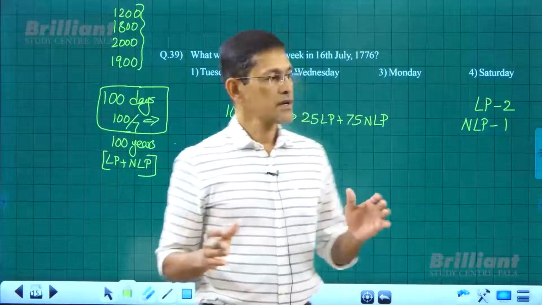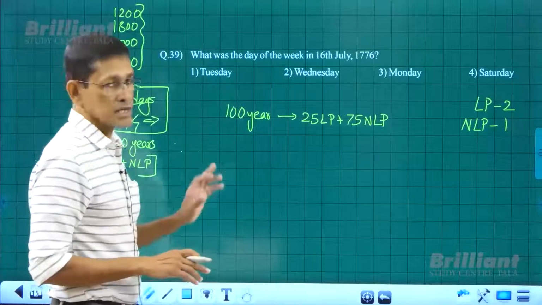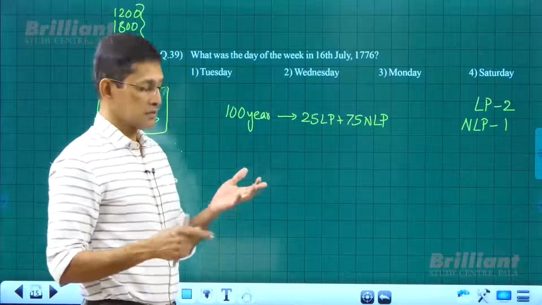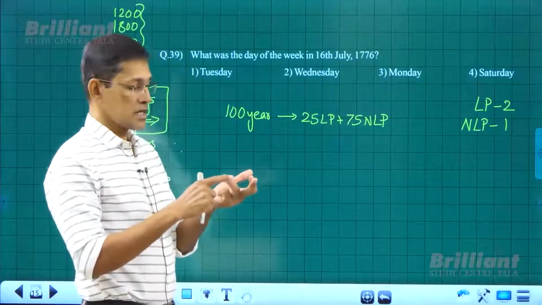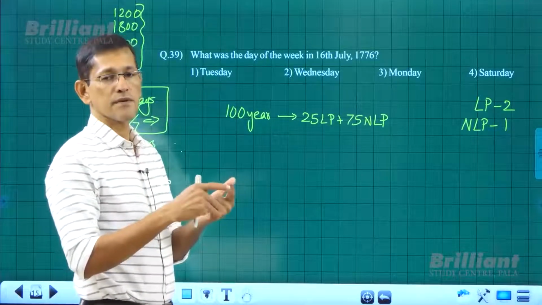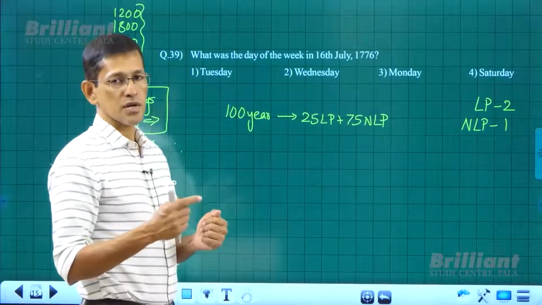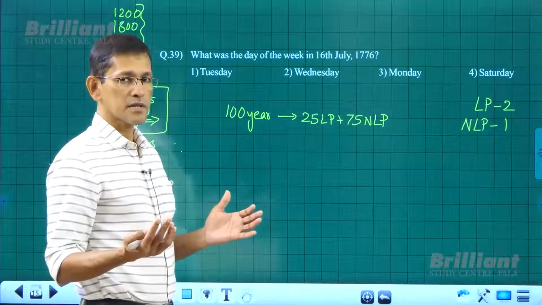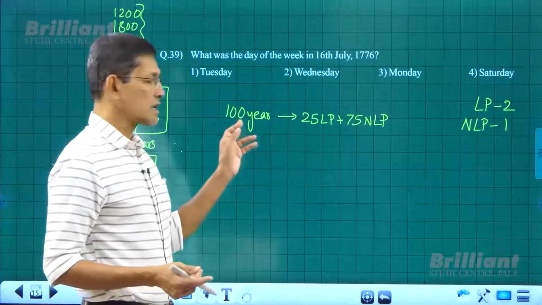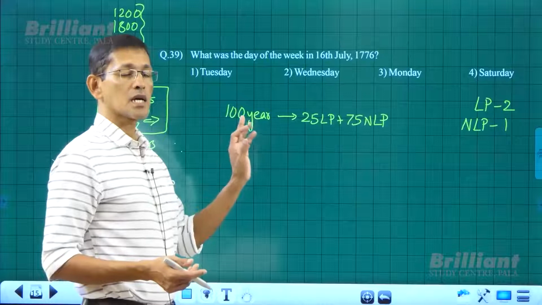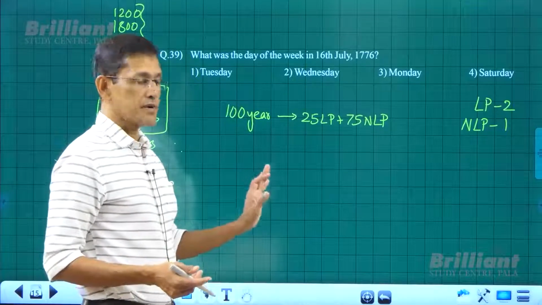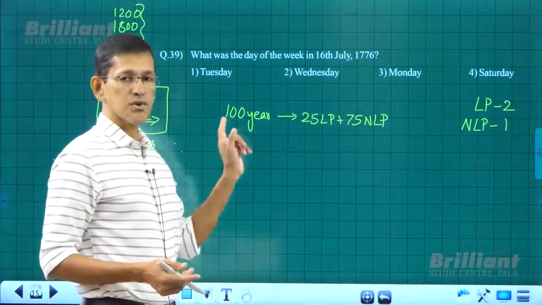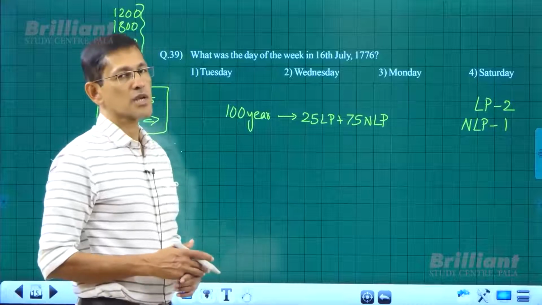So when you take the first 100 years, 1 to 100, we take it as every 4th year is a leap year. So year 4 is a leap year, year 8, year 12, 16, 20, etc. When you count it that way, we have 25 leap years under the assumption that the 100th year is a leap year as well. However, the 100th year is a century year. If it's a century year, it's not a leap year.